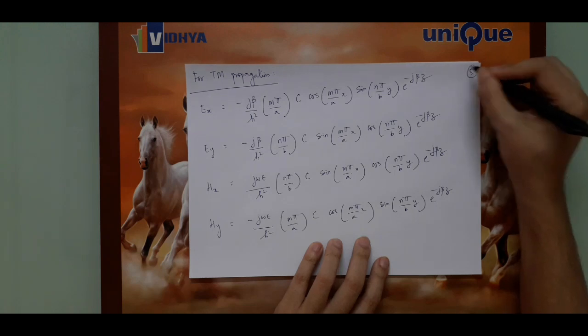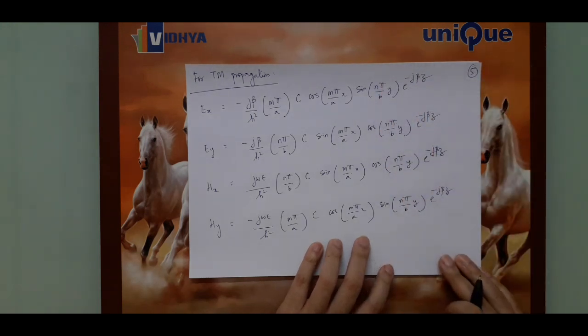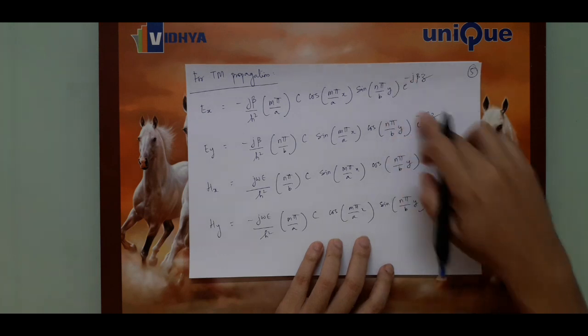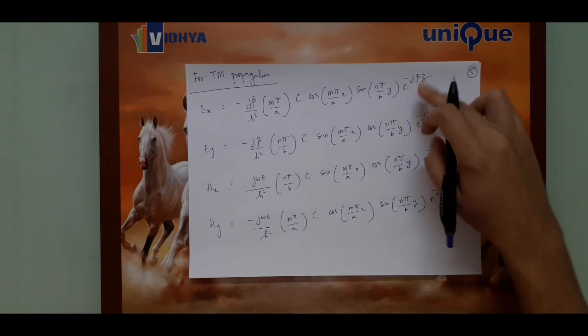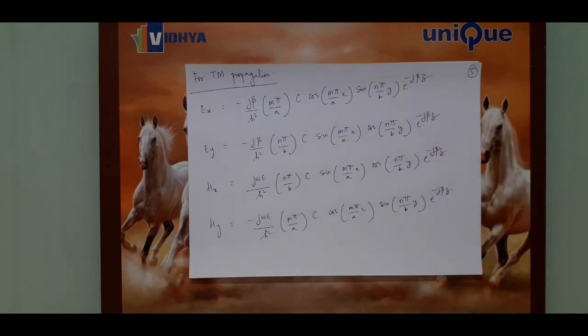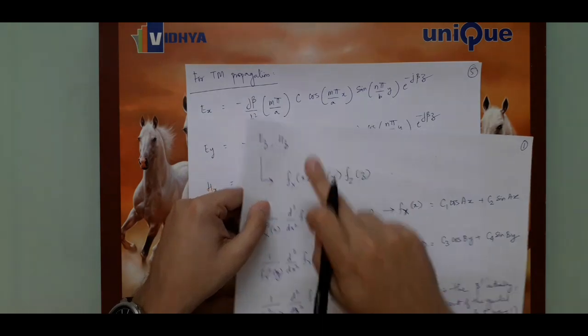Notice that each of these field terms also has this e raised to minus j beta z term. This indicates that these fields are definitely contributing to the wave propagation because they are dependent on Ez. Now don't confuse the Ex, Ey, Hx, Hy fields with the expression that we had taken for Ez. This and this have nothing to do with each other.